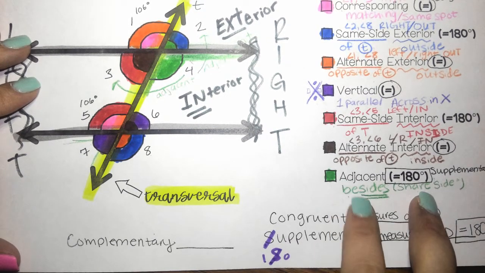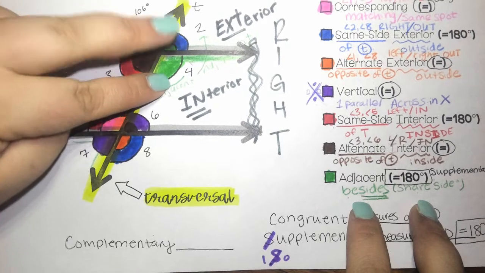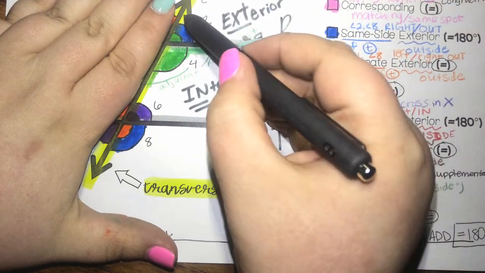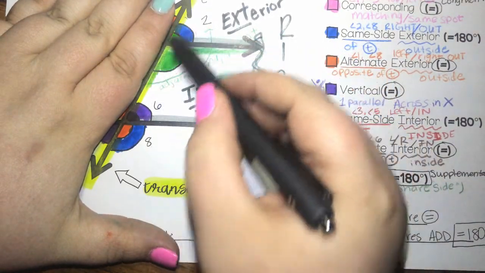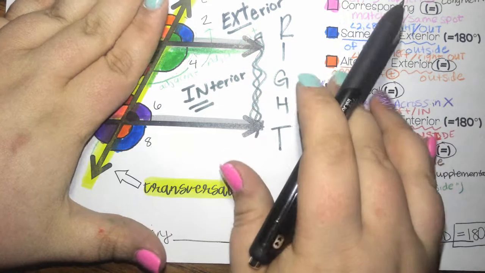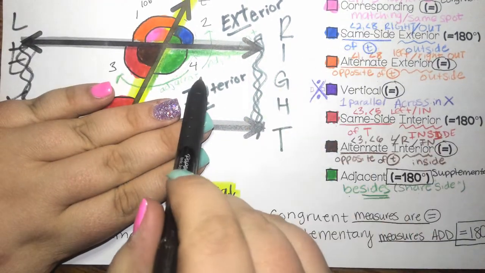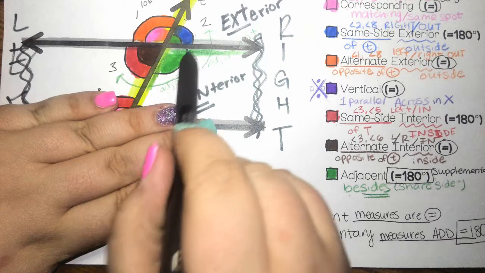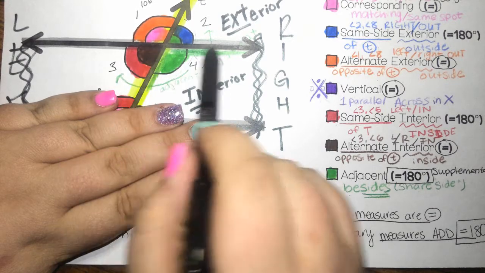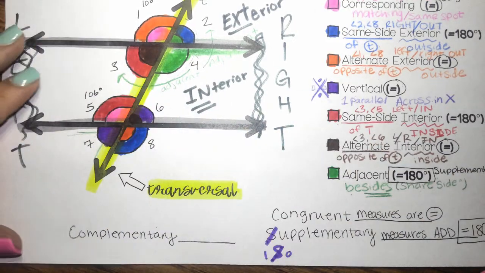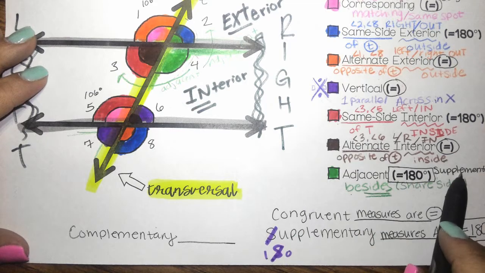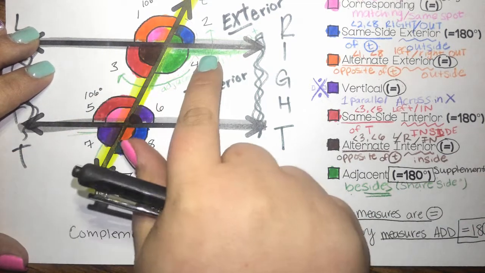Anyways, so adjacent angles are beside each other, like 4 and 2. You'll notice angle 4 and 2 create a straight line on the transversal. You'll notice 4 was also adjacent to 3, and 4 and 3 make the horizontal straight line. So adjacent angles are supplementary because they make a straight line.